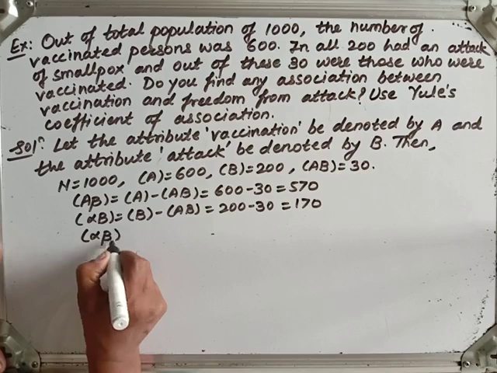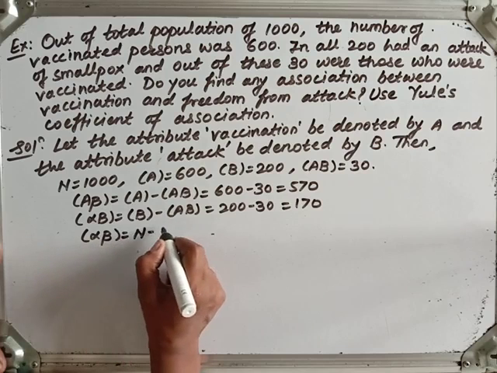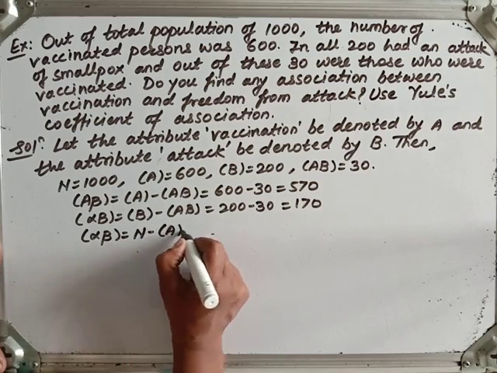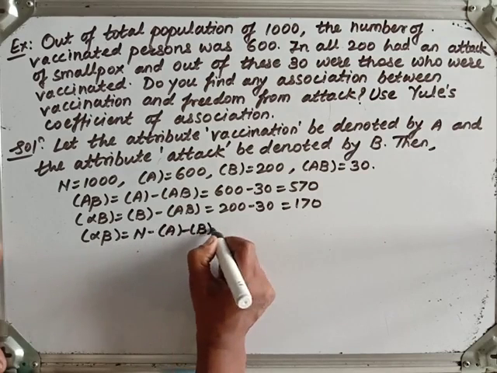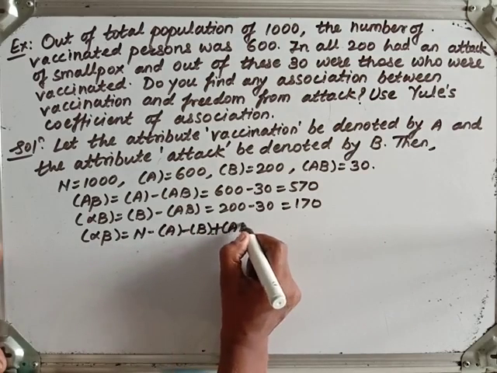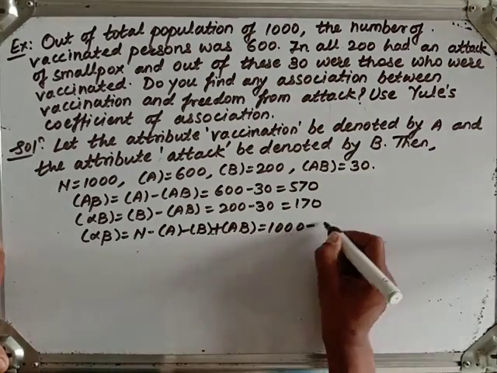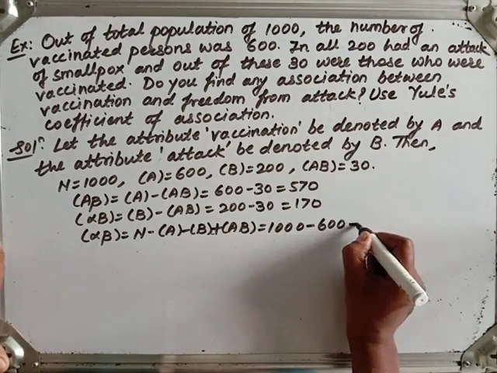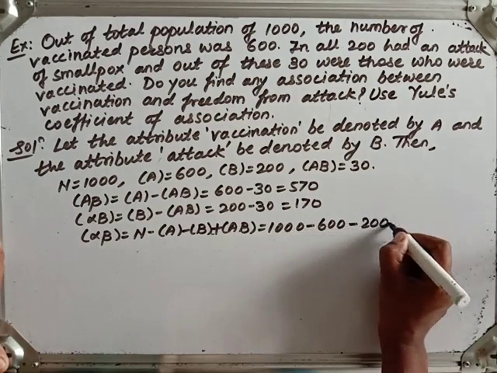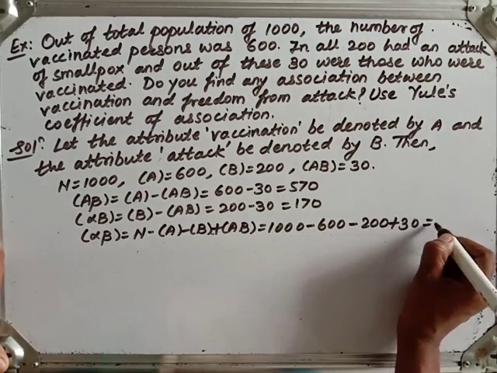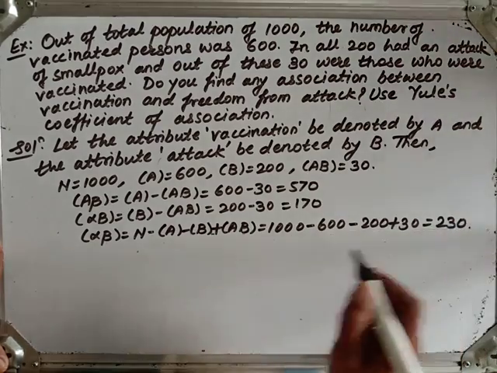Alpha beta is equal to N minus A minus B plus AB, equal to 1000 minus 600 minus 200 plus 30, and that is equal to 230.